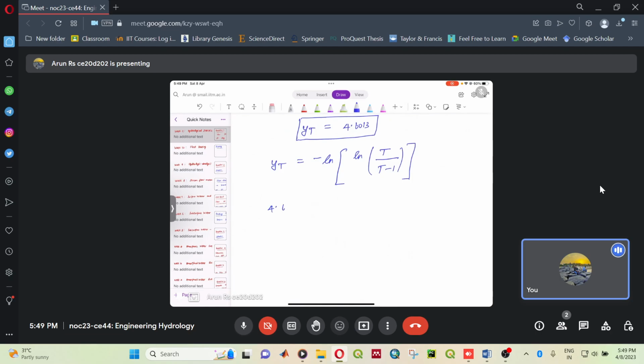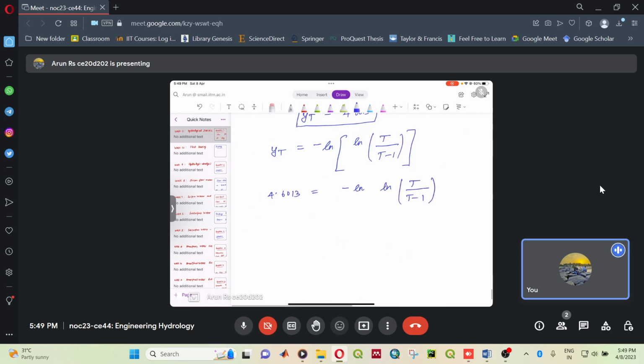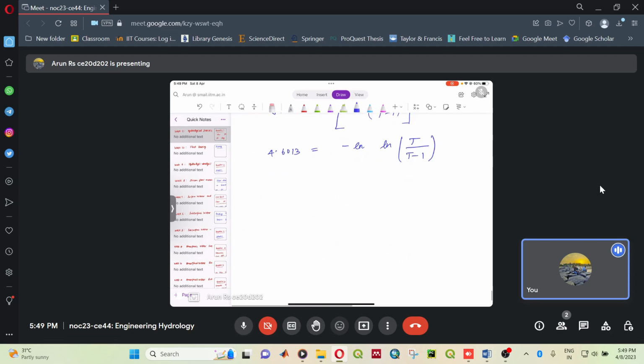Now we can find out the value of T, which is given by minus ln of T divided by T minus 1. So if we take the natural logarithm to the other side, we will get e power minus 4.6013, that is equal to ln of T divided by T minus 1. So this is approximately 0.01.